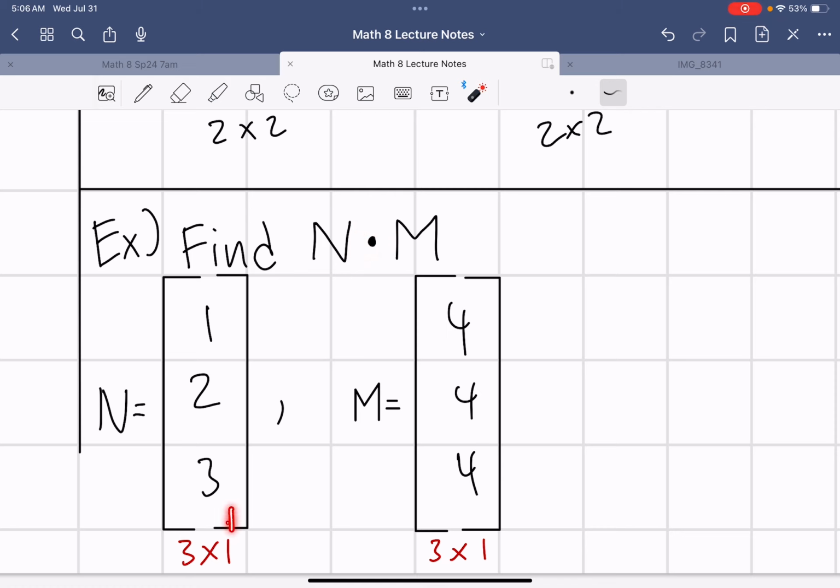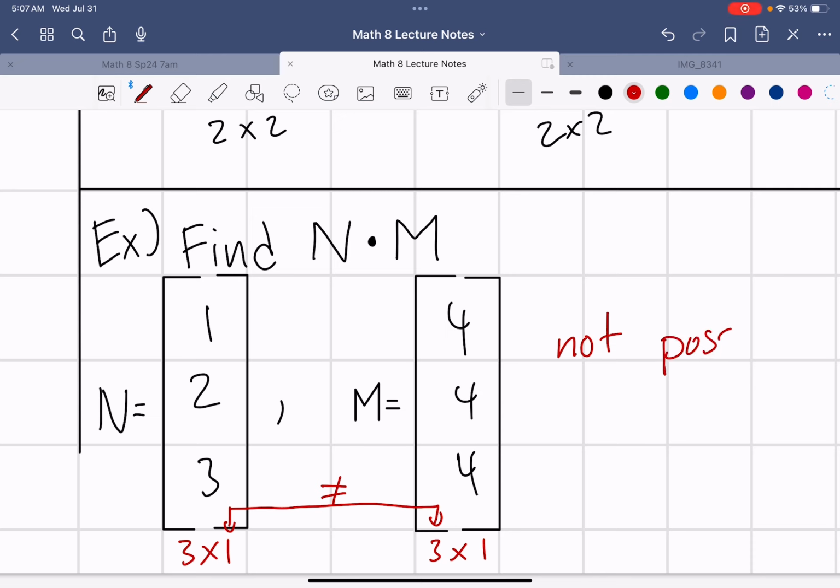I'm looking for the number of columns from matrix 1 to be equal to the number of rows in matrix 2. And they are not equal to each other. So these numbers are not equal. So that means this multiplication is not possible. The nice thing about these, you can literally make up your own examples.